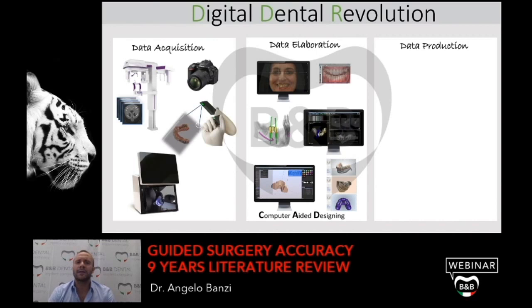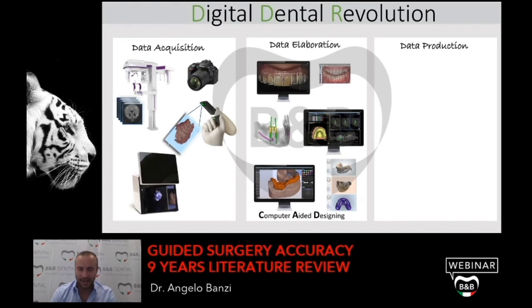That is very important for the patient, because he is going to understand the final aesthetic rehabilitation of the case, and for us to know the space required from the prosthetic rehabilitation.